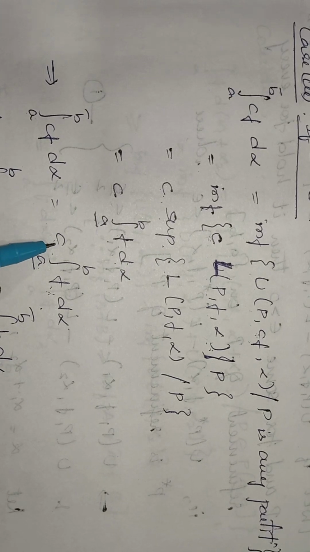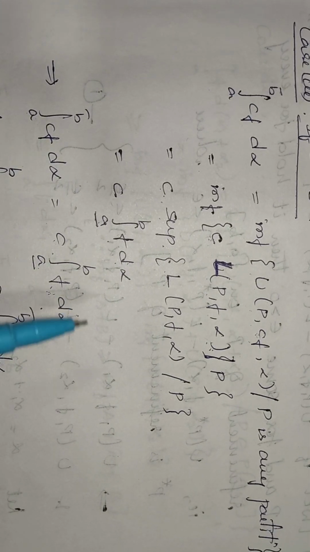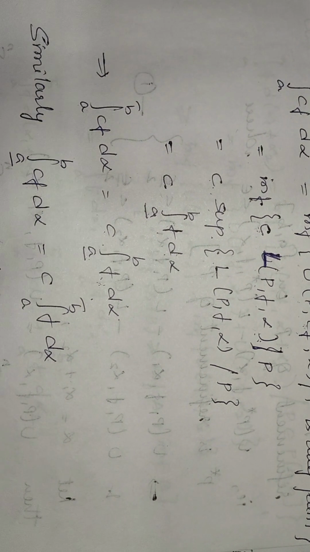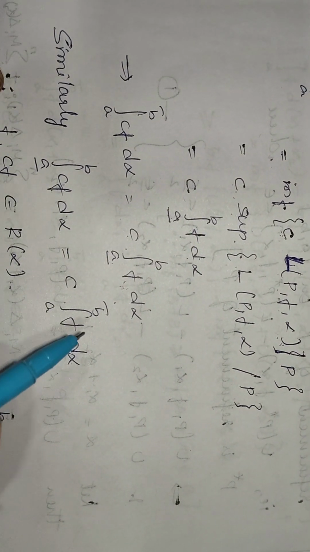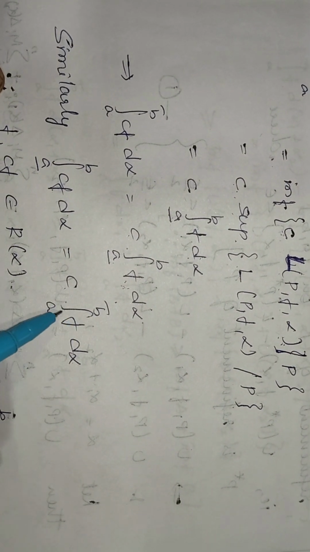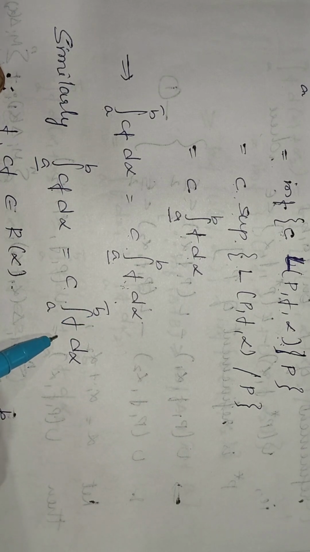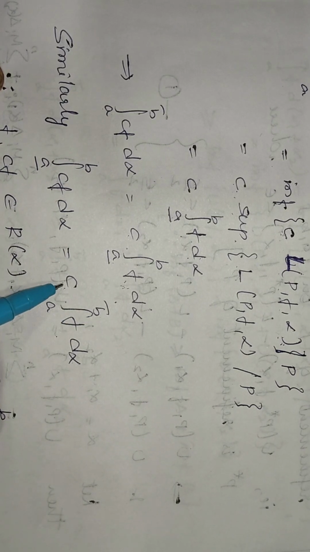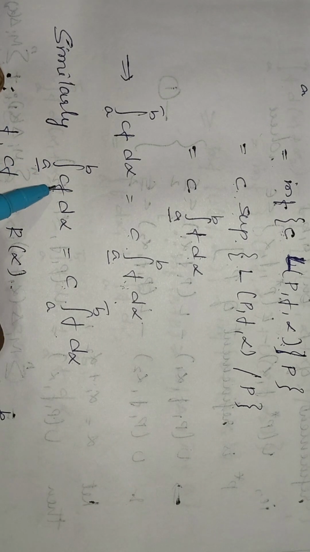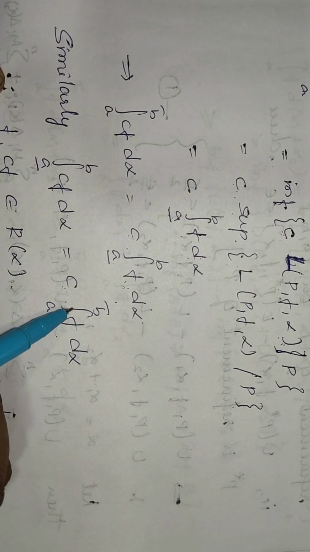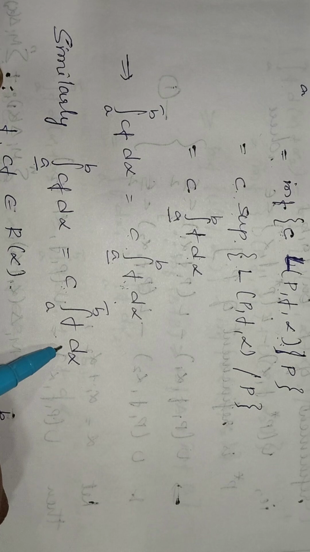So if c is negative, this happens. And similarly, the lower Riemann-Stieltjes integral of cf is equal to c into the upper Riemann integral of f. Okay, if c is negative, then the lower Riemann integral of cf is equal to c into the upper Riemann integral of f.